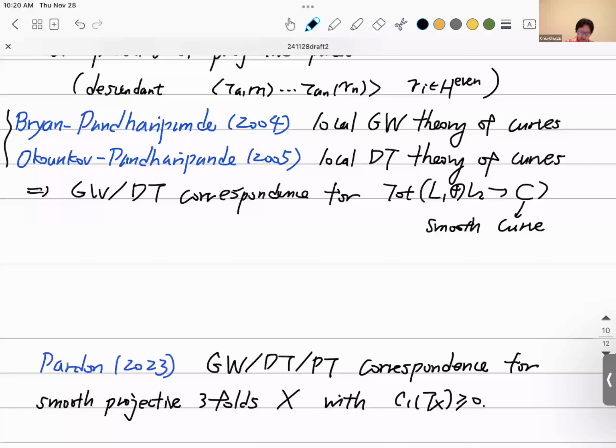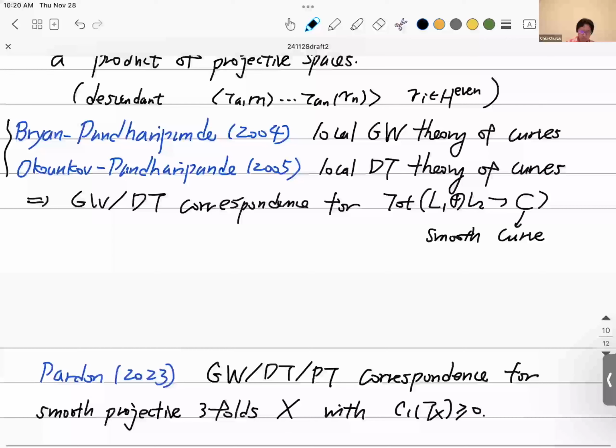But this correspondence is really about threefolds. On the other hand, Gromov-Witten invariants have been defined for orbifolds more than 20 years ago.